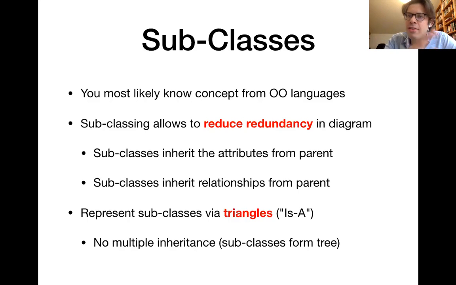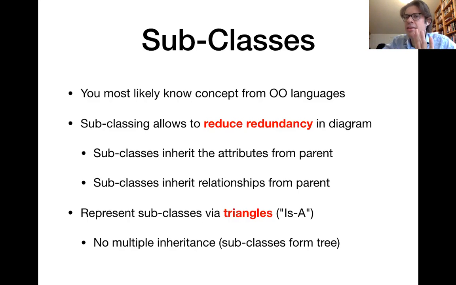So if you say that one entity type is a subclass of another entity type, then you save yourself the work of having to redraw all the attributes that are in common between a subclass and a superclass. We represent those subclasses as triangles.